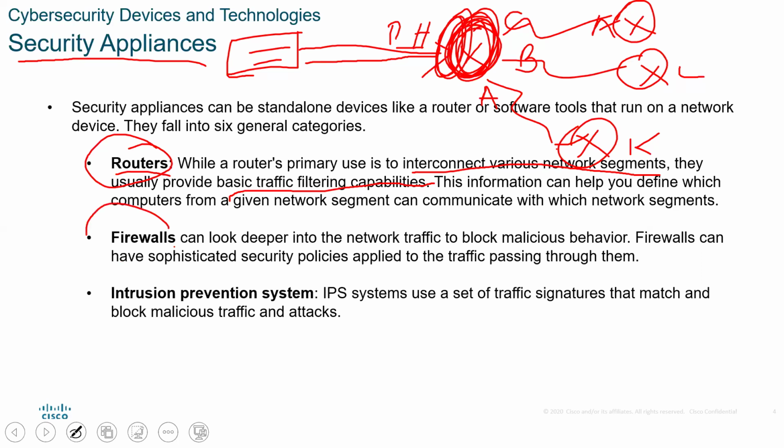Another device that we just talked about is the firewall. And we say the key element here is that it looks deeper into the traffic, which means there are certain things that the router cannot just block like that, but the firewall has the ability to block. Okay, and those are based on the policies that are applied. Let's say, for instance, you don't want users to access pornography.